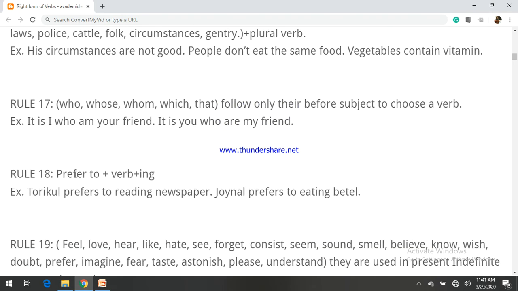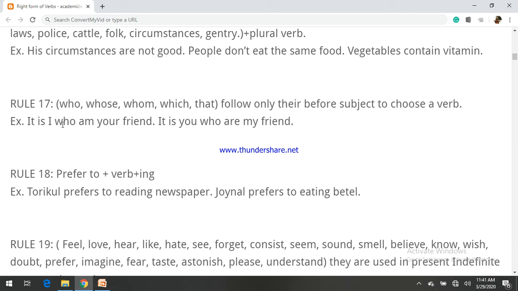Rule number 17. Inside the bracket there are some words: who, whose, whom, which, that. They follow only their before subject to choose a verb. Let's see the example. It is I who am your friend. Relative pronoun here is who, and in this sentence it is the first subject and I is the second subject.